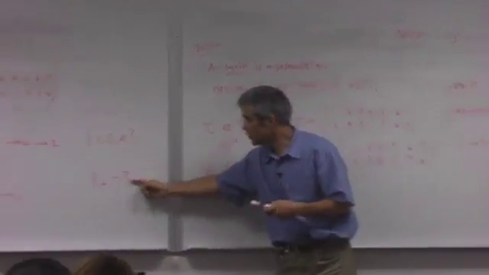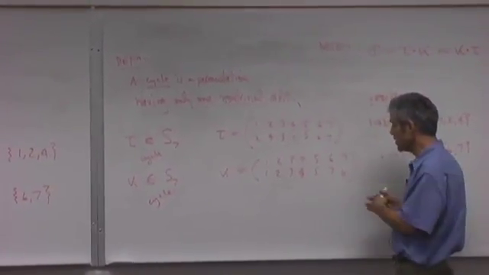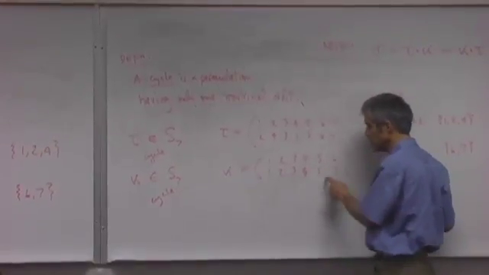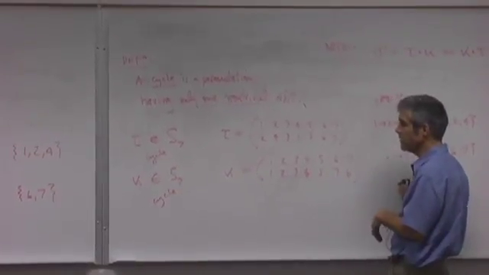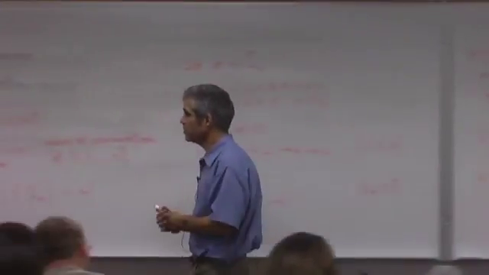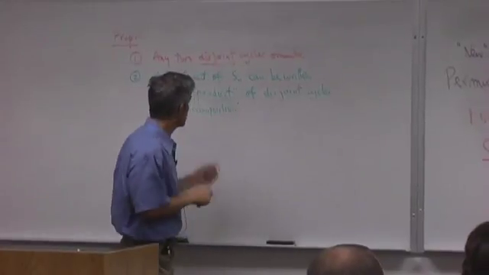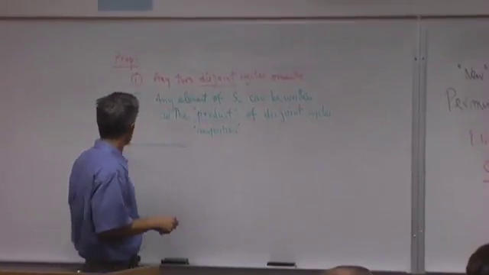If in this second orbit of the original permutation it switches 6 and 7, that's fine. Then simply write down the permutation of all of Sn that switches the two things in question, leaving everything else fixed. And in that way, even if you had 3 orbits or 10 orbits, it doesn't really matter. You'd be able to write the original permutation as a product of disjoint cycles. Okay.